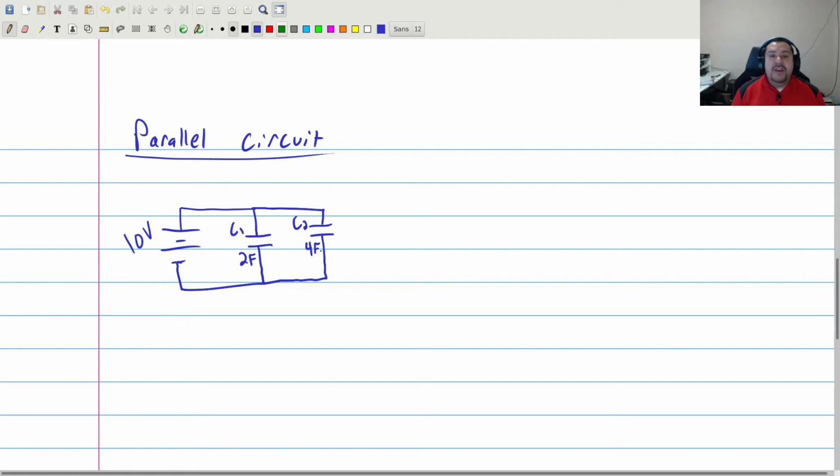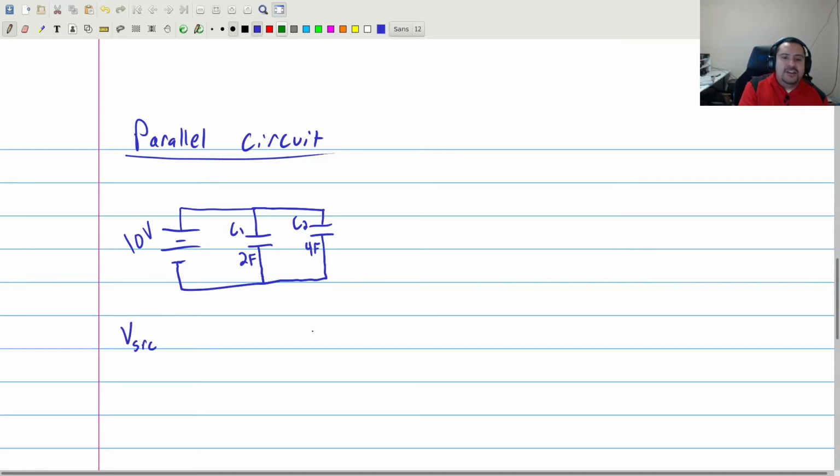Okay, so now that we have this, it turns out each device and each piece of this circuit is going to have different variables associated with it. So I'm going to start by making myself a table. And it's going to have one line for each component in this circuit. The first one is going to be about the source, the battery in this case. So it is going to be V of the source.